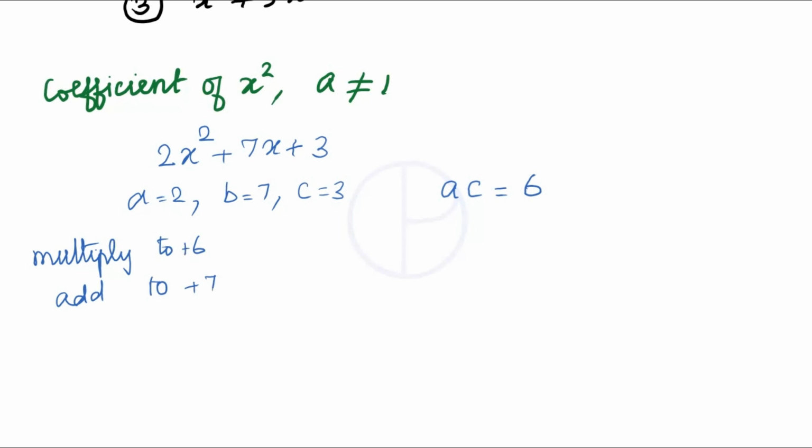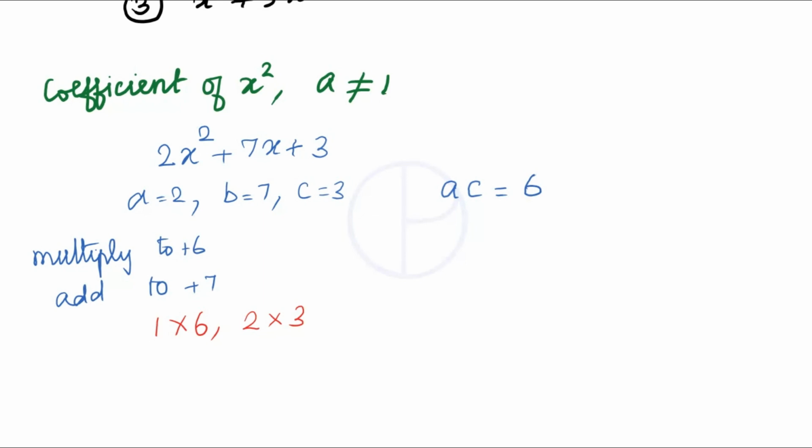Let's list the pairs that multiply to 6. 1 multiplied by 6, 2 multiplied by 3. The numbers are 1 and 6. When you add 1 and 6, it gives 7.